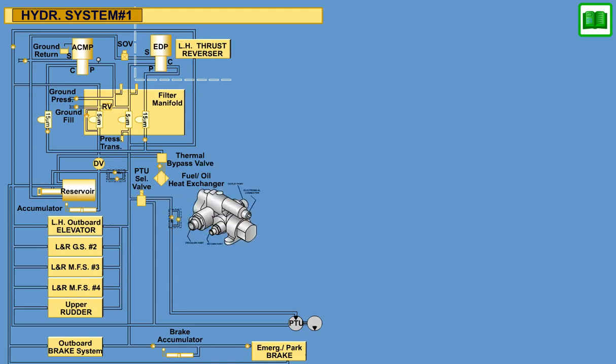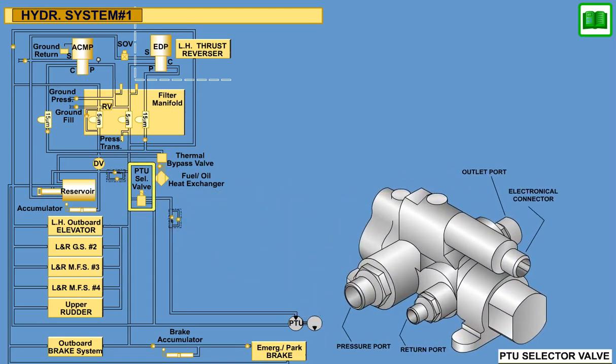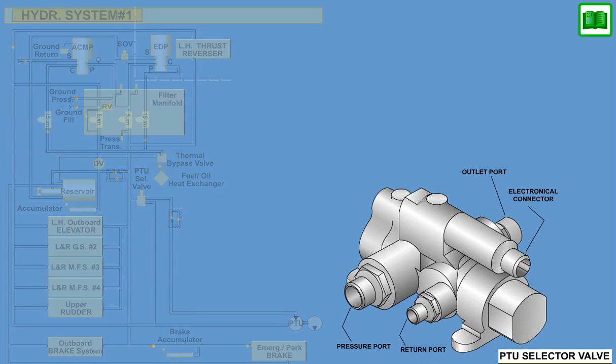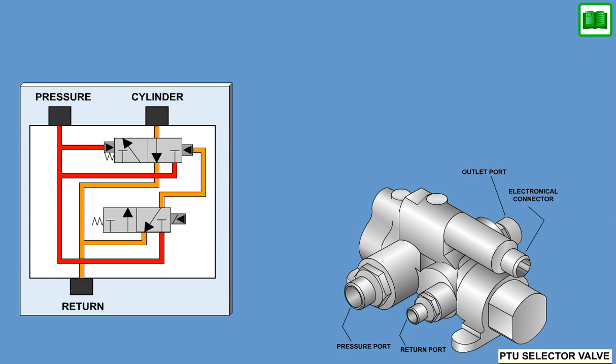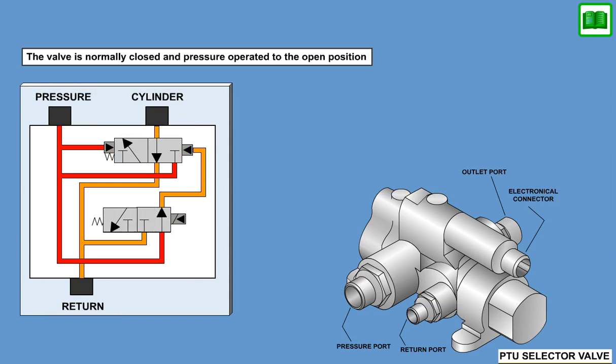System 1 utilizes a solenoid-operated valve to control operation of the Power Transfer Unit motor. The PTU Selector Valve is a three-way, two-position, pilot-operated spool valve. The valve is normally closed and pressure-operated to the open position.